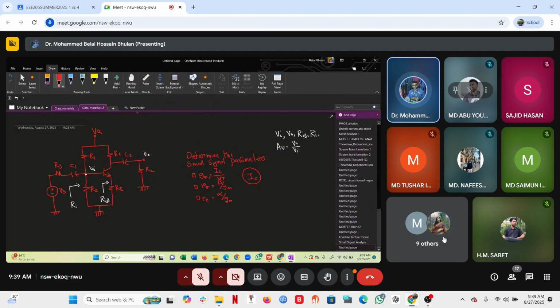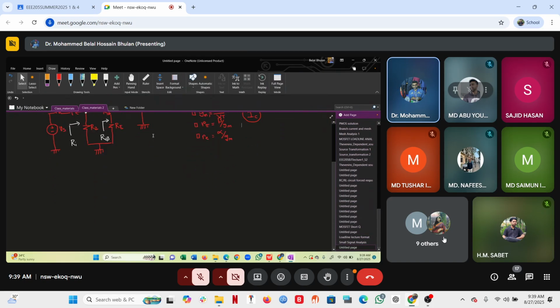To determine IC, analyze the amplifier only for DC signal.